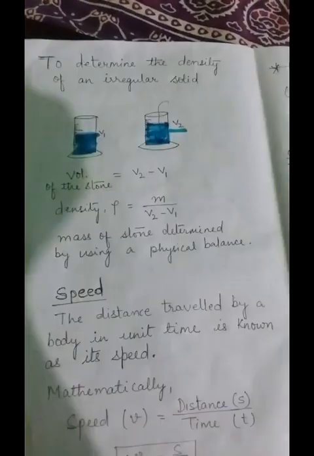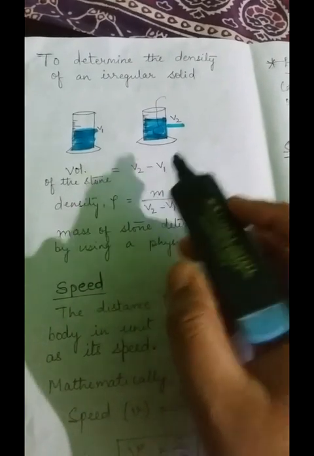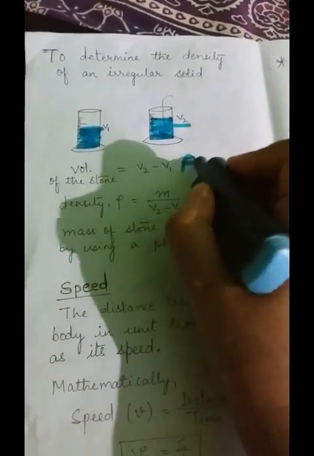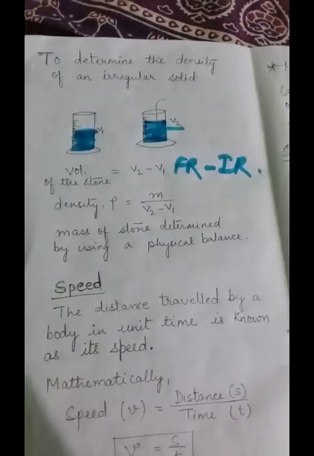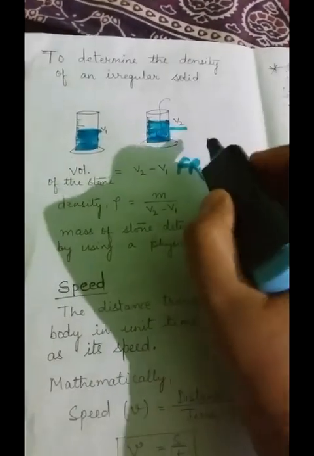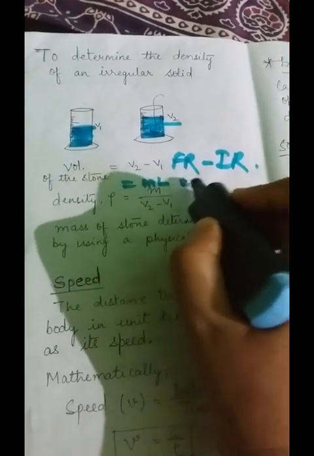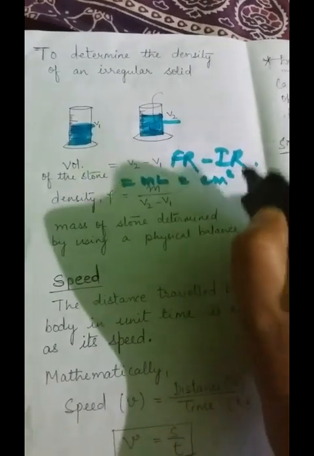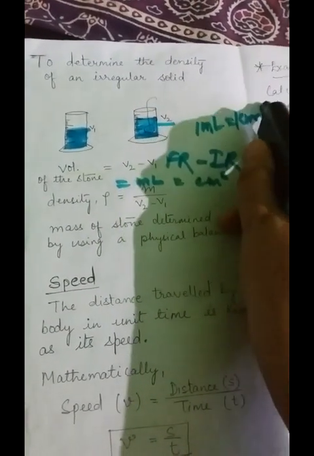This is the final reading. So volume of the stone will be given by V2 minus V1, that is final reading minus initial reading. And again, the whole thing will be given in milliliter, and we will convert into centimeter cube by using the formula 1 ml is equal to 1 centimeter cube.